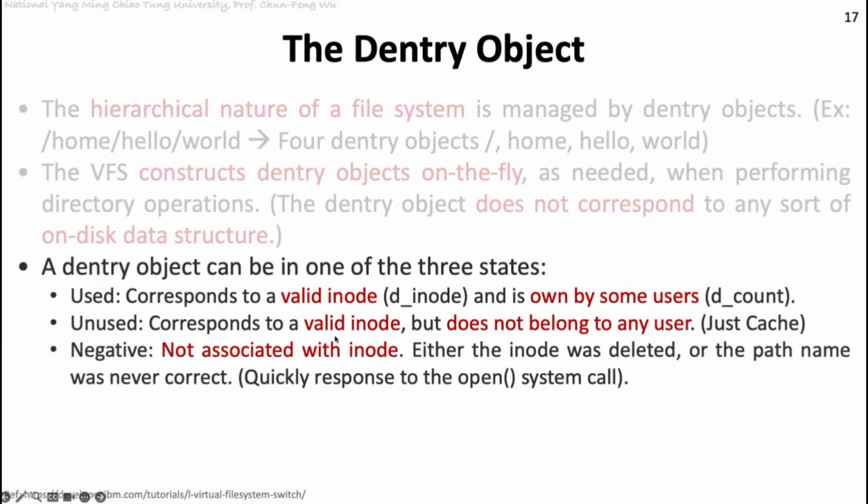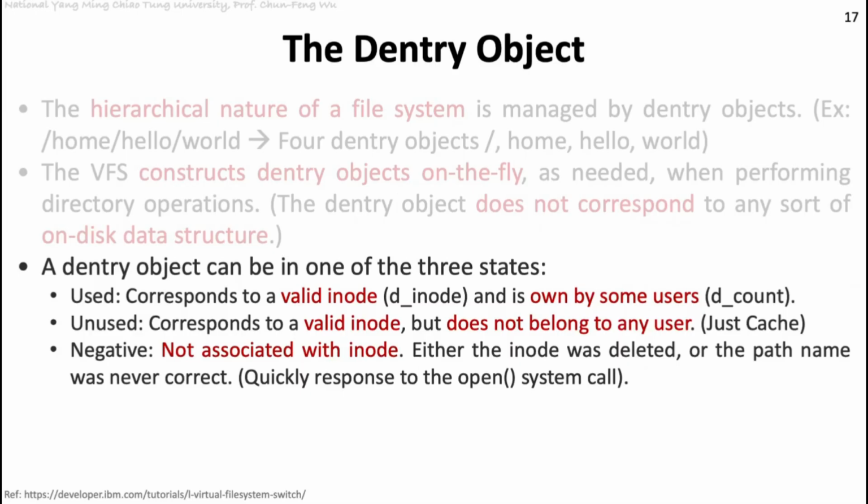Okay, there is another state called negative. Negative is not associated with an inode. So either the inode was deleted or the path name was never correct. Even if the path name is not correct or the inode was deleted, we still put the entry, we still keep the path name inside memory. This is because if one day another process opens the same file, we don't really need to reconstruct the path again.